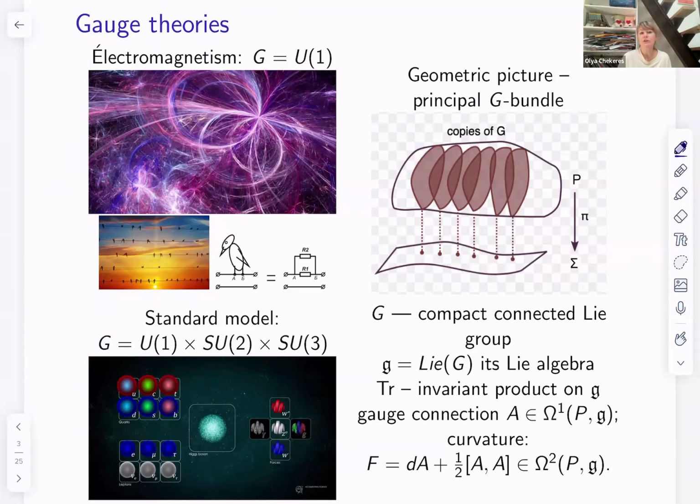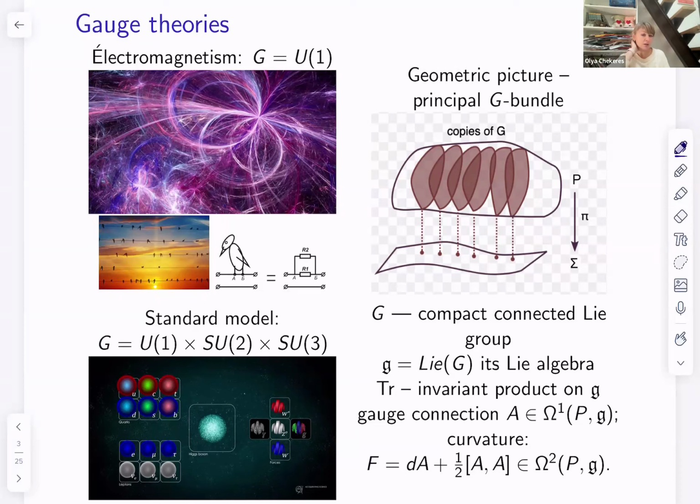An example of a gauge theory is electromagnetism with the gauge group U1, abelian gauge theory, and the standard model as well, unifying electroweak and strong interactions, is also a gauge theory with the gauge group U1 cross SU2 cross SU3.